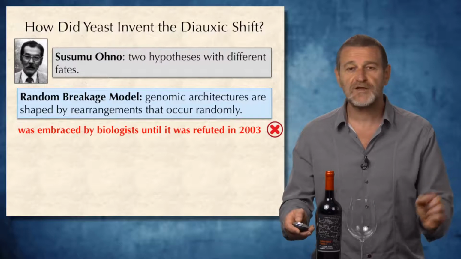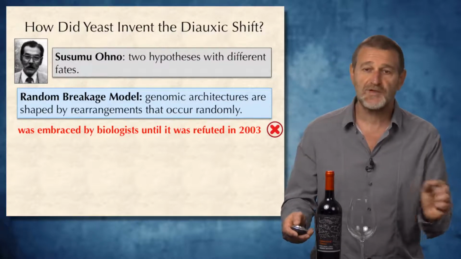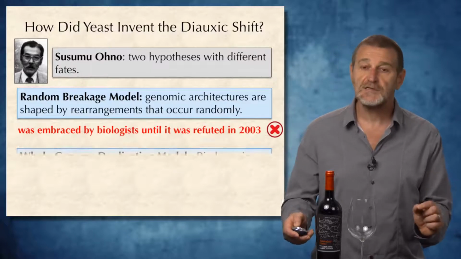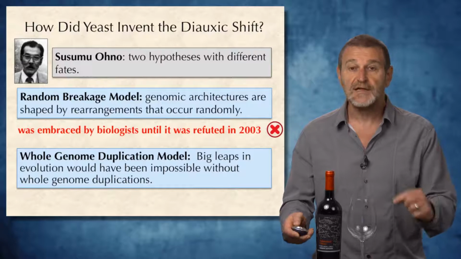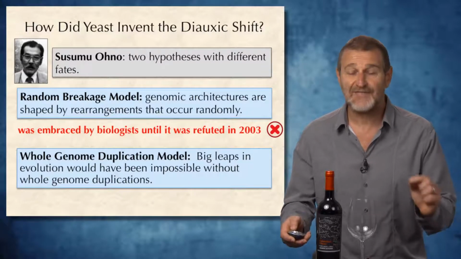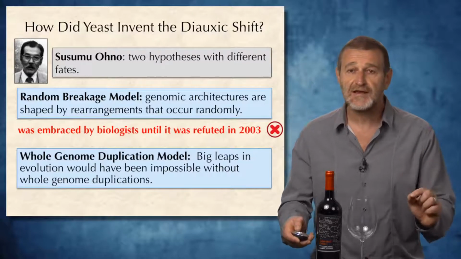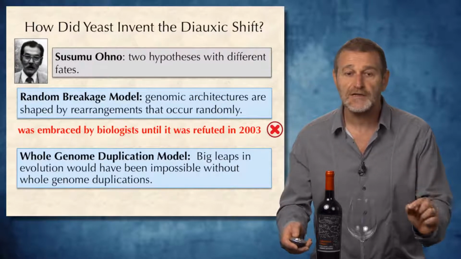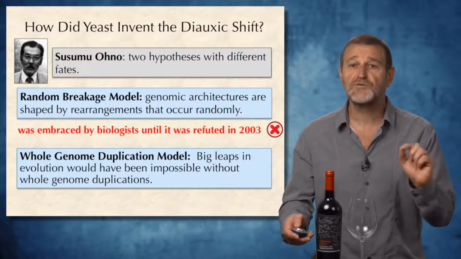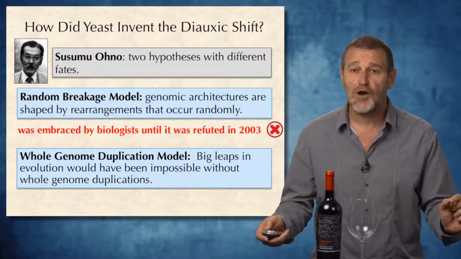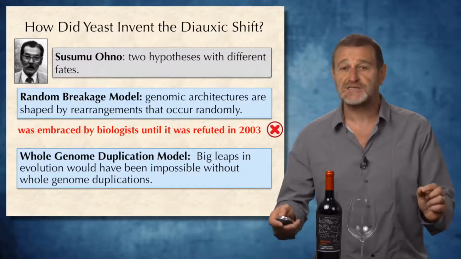So why do we bring up Susumu Ohno if his random breakage model turned out to be wrong? Because he came up with another evolutionary model that had a very different fate. He argued that big leaps in evolution would not have been possible without whole genome duplication, essentially doubling the number of chromosomes in the genome and thus doubling the number of genes.